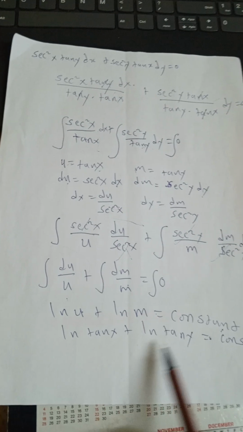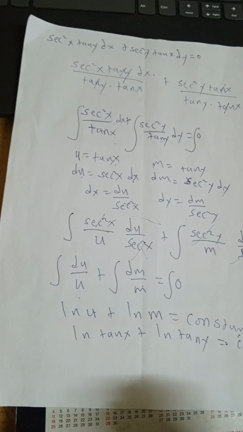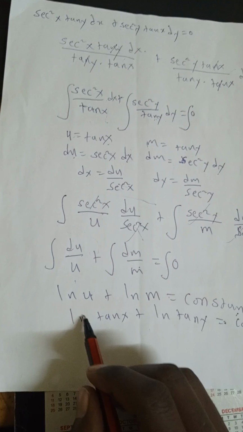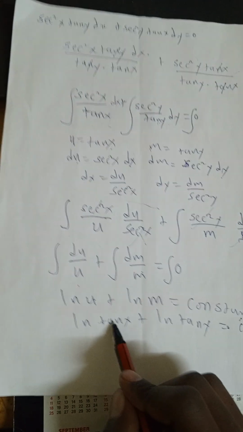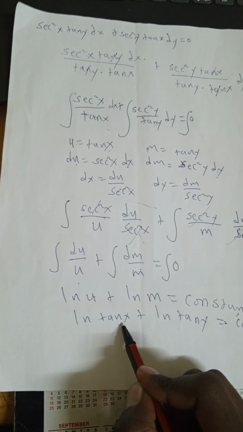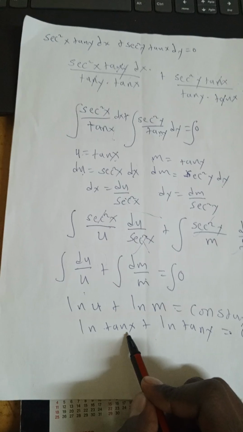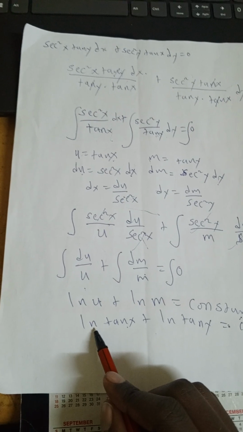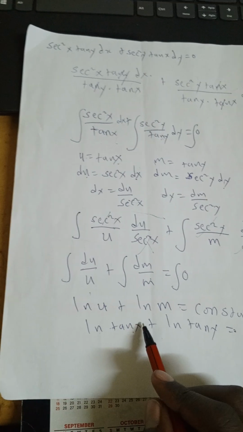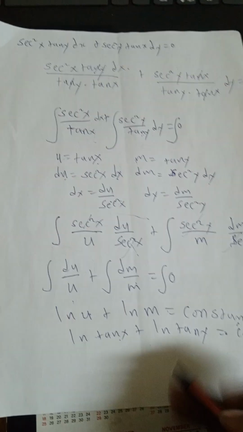When we partially differentiate with respect to x, what we are going to find, ladies and gentlemen, is when we differentiate the natural log of tan x, first you will need to differentiate whatever you have inside.